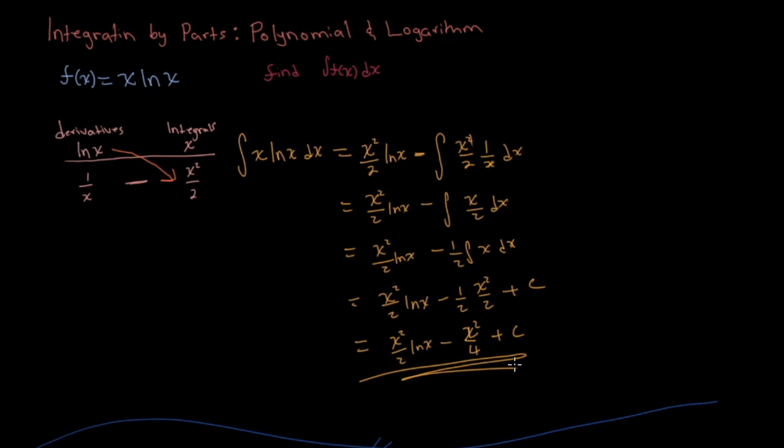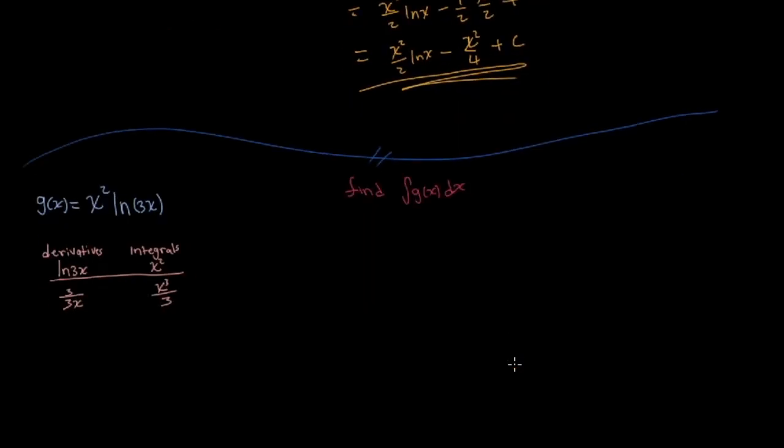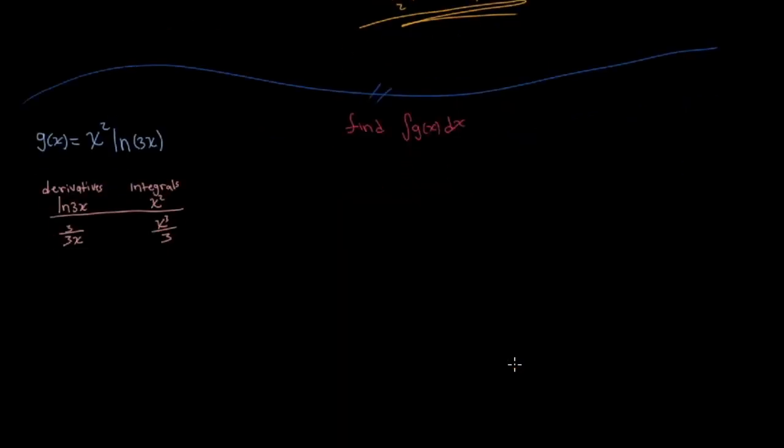So let's look at a slightly more complex problem. Let's scroll down and take a look at this one. How would we solve this problem? We have g of x equal to x squared ln 3x, and we're asked to find the integral of g of x dx.